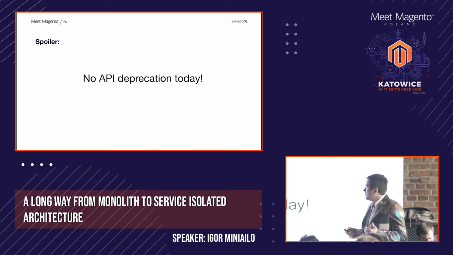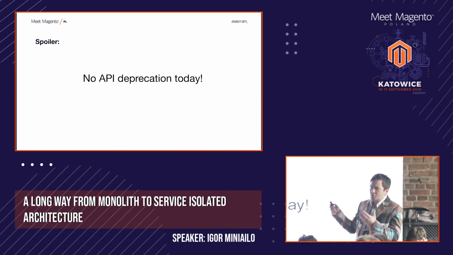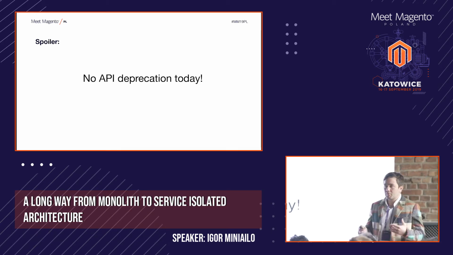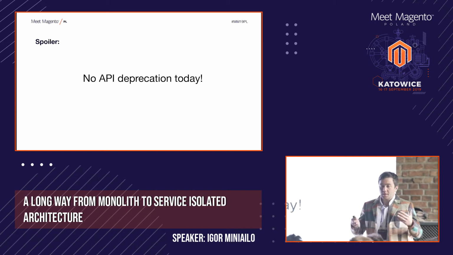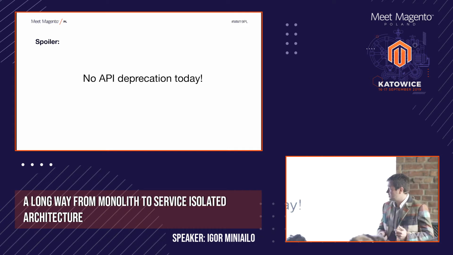We are not going to deprecate the APIs you are currently relying on. All the APIs which currently exist and are used for integration, for extension, for customization, are supposed to be forward compatible as long as possible, and we will be really careful regarding introducing any backward incompatible changes.